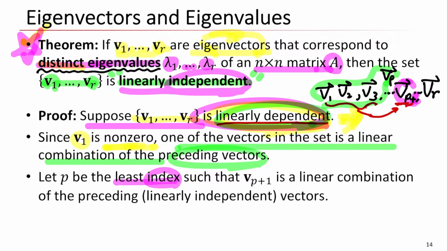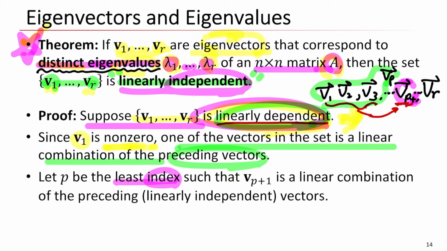When the vectors v1 through vr are eigenvectors that correspond to distinct eigenvalues lambda 1 through lambda r of the n by n matrix A, the set v1 through vr is linearly independent.